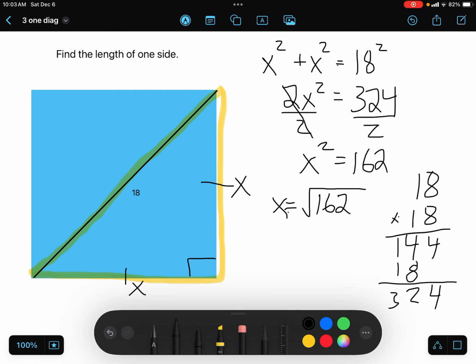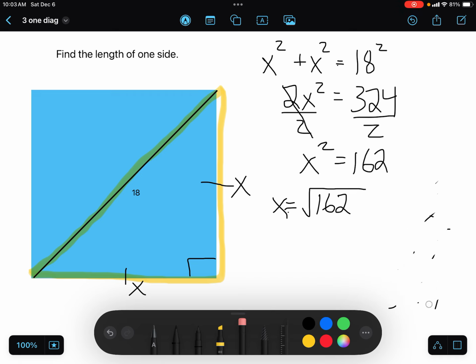Now, let's erase this over here to give us a little bit more space. There we go. Now, how can we simplify 162? Well, 162 is going to be 81 and 2. 81 is 9 times 9.